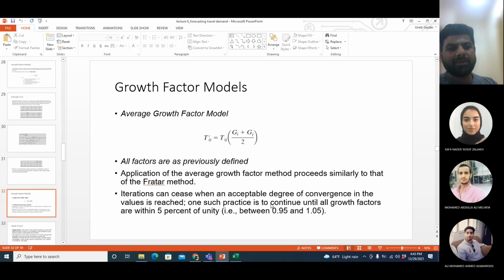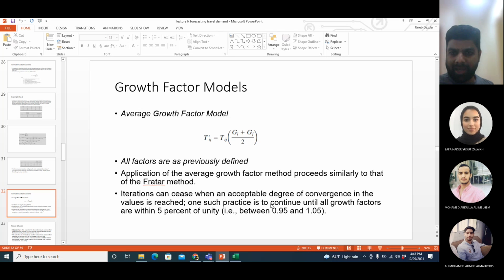Another method of applying the growth rate formula is the average growth factor model. We will not do any example on that, but the procedure is very simple.